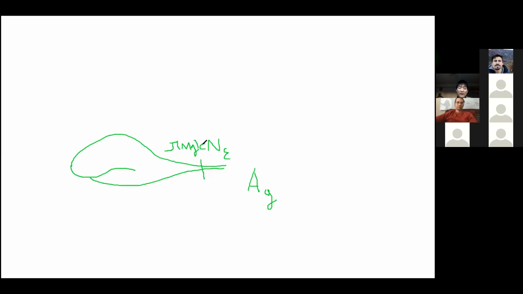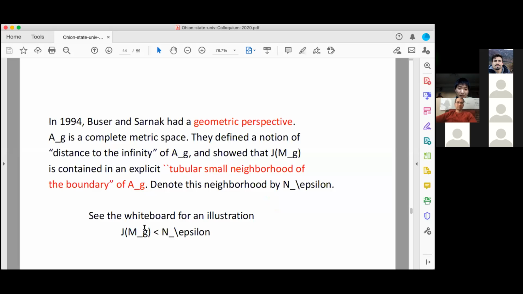So this is the result. We have a small tubular neighborhood near infinity which contains the image. Okay, I'll go back to here. So the Jacobian locus is contained in this small neighborhood.